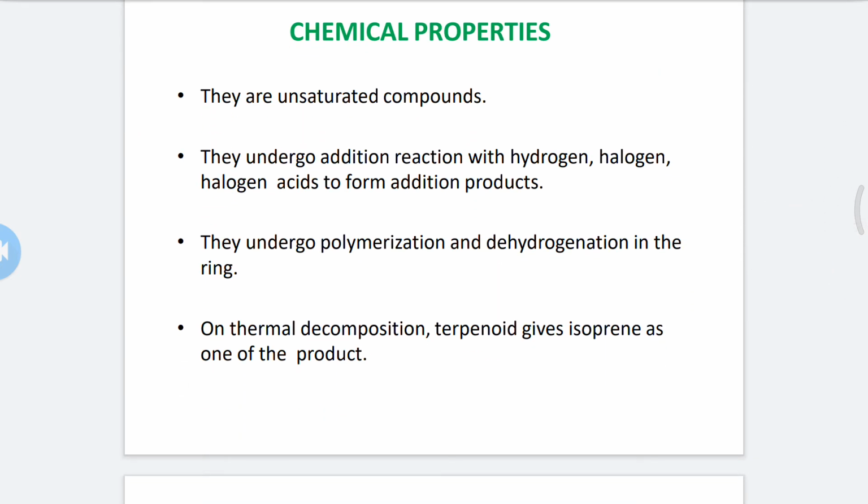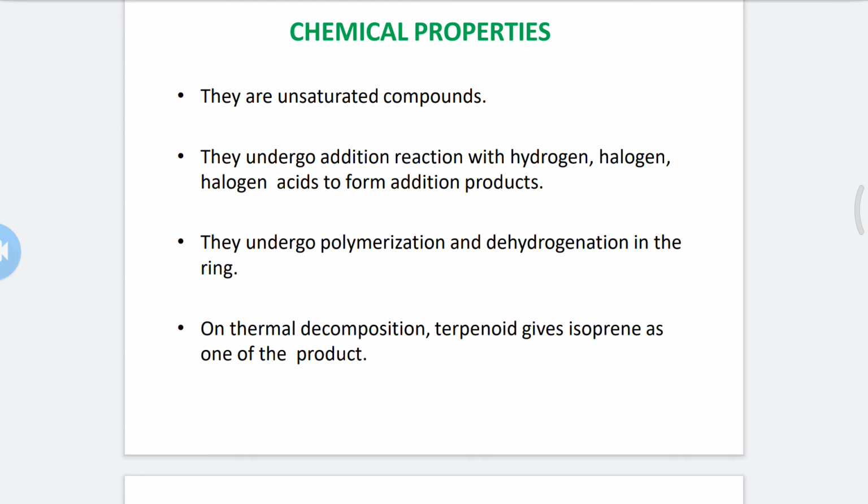Second is the chemical properties of terpenoids. Terpenoids are unsaturated compounds. The isoprene unit, C5H8, contains double bonds, which means they are unsaturated. They undergo addition reactions with hydrogen, halogens and halogen acids to form addition products.